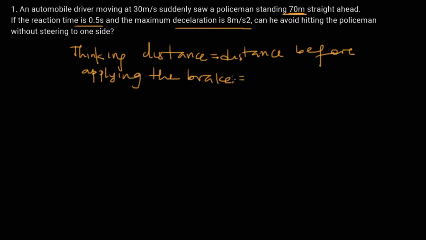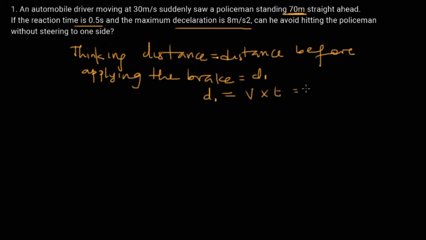Okay, now let's find the thinking distance. That is the distance that is required during the reaction period, that is before the application of the brake. So the distance before the application of the brake, let's say d1, is the same thing as the thinking distance. So d1 is equal to velocity times time.